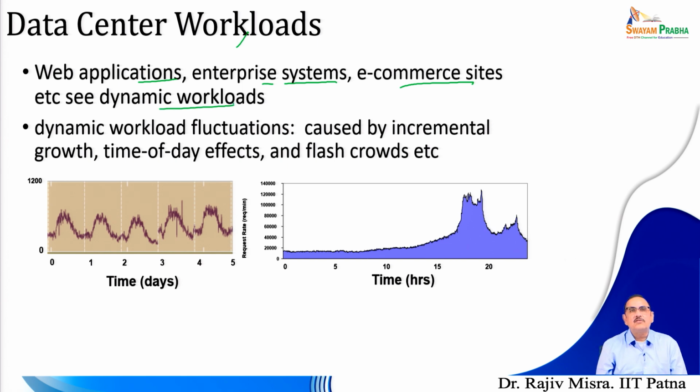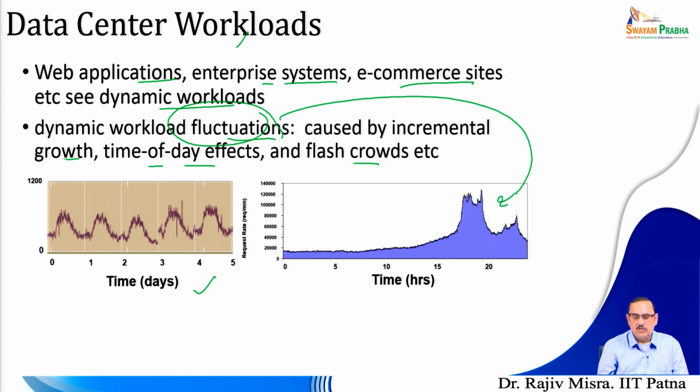Dynamic workloads often fluctuate and they are caused by incremental growth, time of the day effects and flash crowds, etc. Here you can see the time of the day, and the load and requests which are coming often fluctuate.